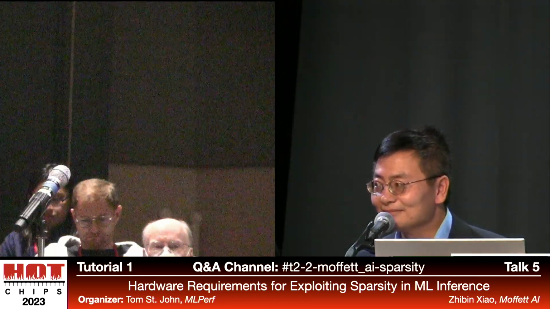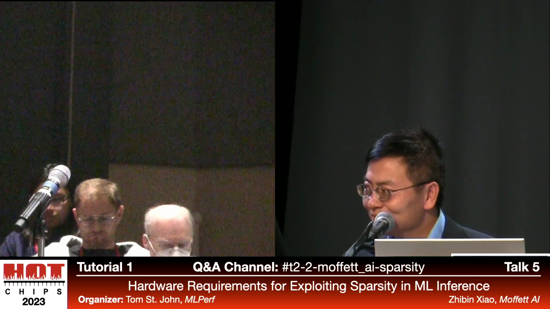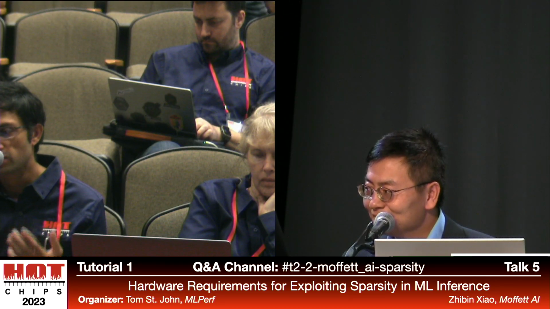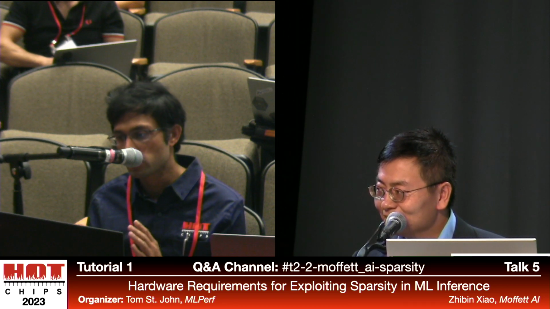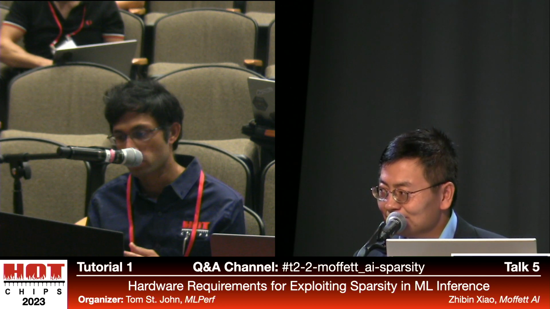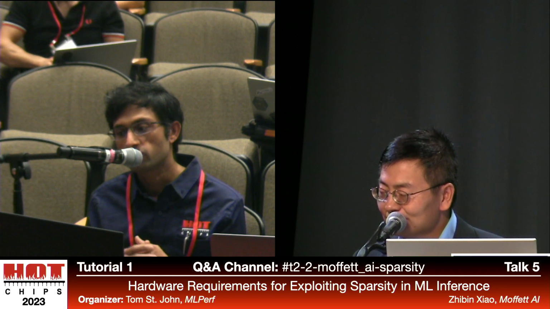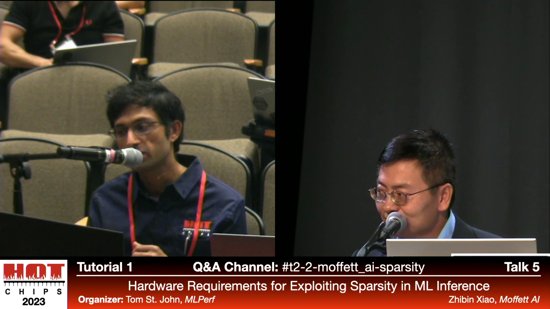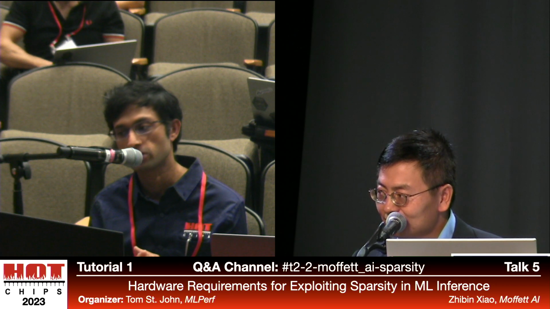Question from Cliff Young, Google. He starts with a comment that he thinks deep learning sparsity has been pretty dense so far, maybe reaching 10% non-zeros. But on the other side, high-performance computing sparsity is much better, perhaps 10 to the power minus 4, 10 to the power minus 5 non-zeros. Beyond just hardware support for mild sparsity, what do you think are the most promising directions for improving neural network sparsity through algorithmic changes?